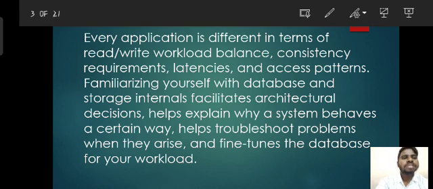Every application is different in terms of read or write workload balance, consistency requirements, latencies, and access patterns. Familiarizing yourself with database and storage internals facilitates architectural decisions, helps explain why a system behaves a certain way, helps troubleshoot problems when they arise, and fine-tunes the database for your workload.